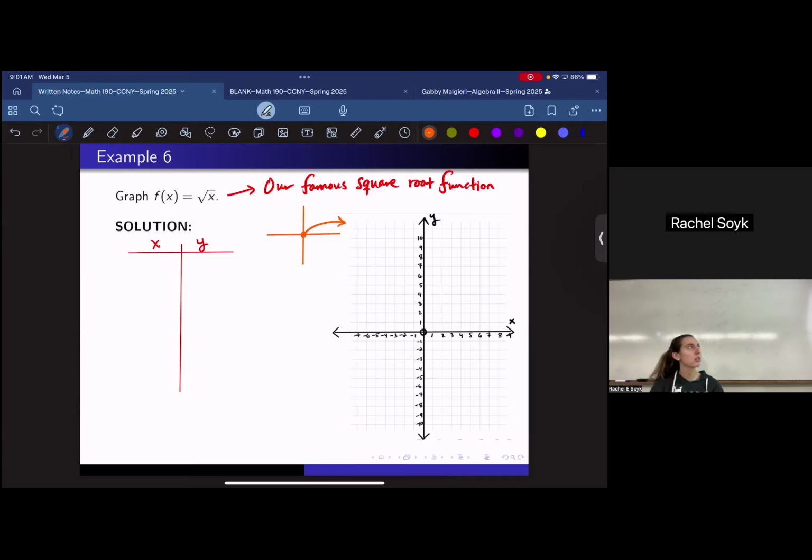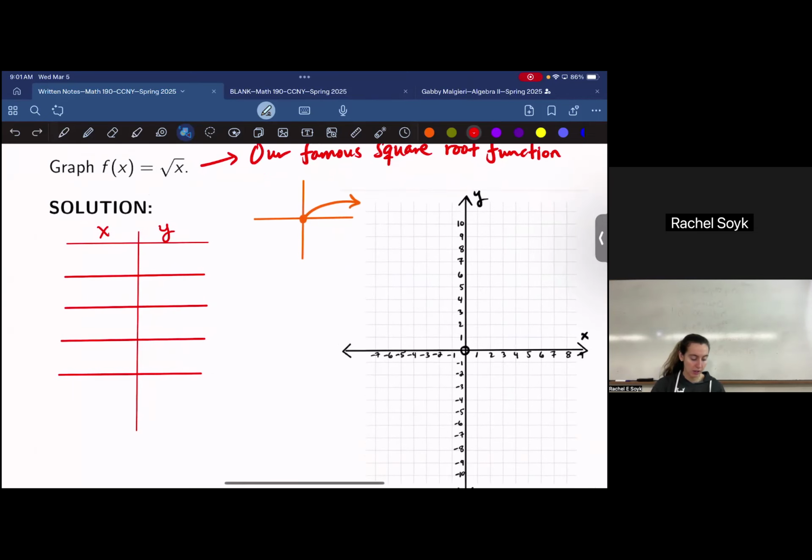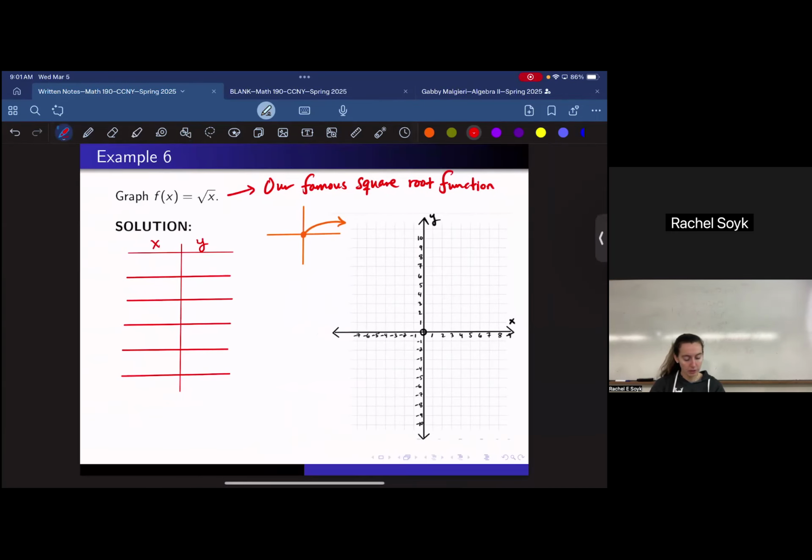Something like this. But at this level in your math career, pick good X values, plot points, connect points, and then graph. Probably don't need that many points here.